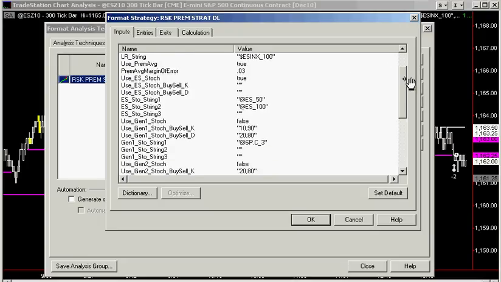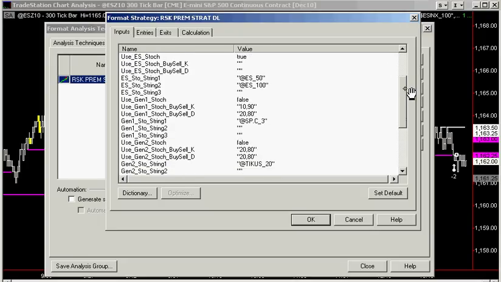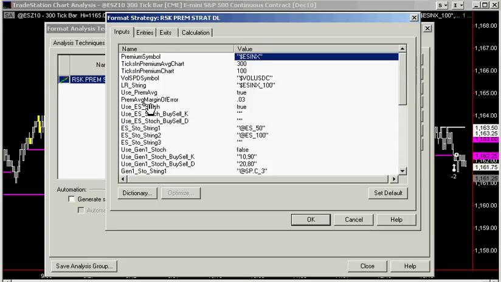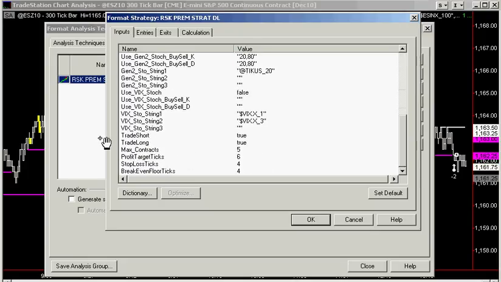These are the exact same input fields that exist in the indicators, with the exception that the strategy actually pulls the trade. And you can set the strategy up to either trade long or short or both. Limit the number of contracts you're trading. Set a profit target based on the number of ticks, and then set your stops according to your own personal discretion.